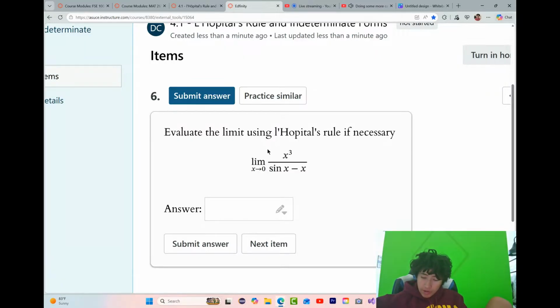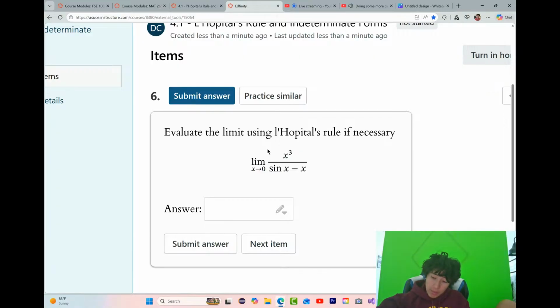So we have the limit as x tends to 0 of 3x squared over cosine of x minus 1. Let's see if we get where we need to go. 0 over cosine of 0, which is 1, and 1 minus 1 is 0. So we still have 0 over 0, and we have to apply L'Hopital's rule again.